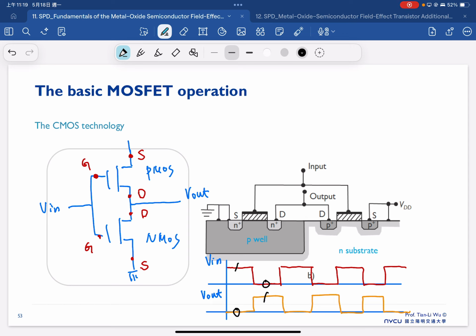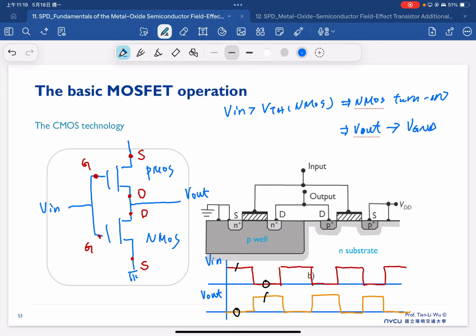To understand this operation is also very simple. When we have V in larger than VTH in the NMOS, our NMOS will turn on, and therefore our V out will be connected to ground.